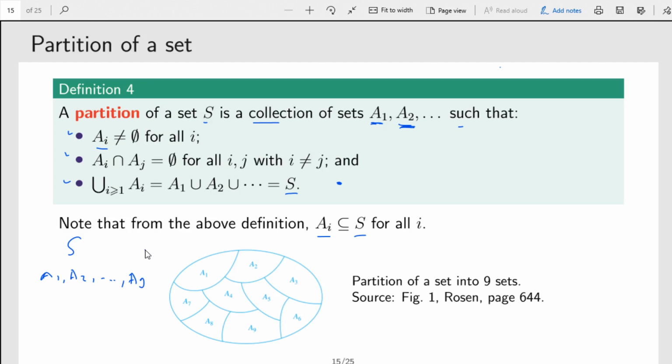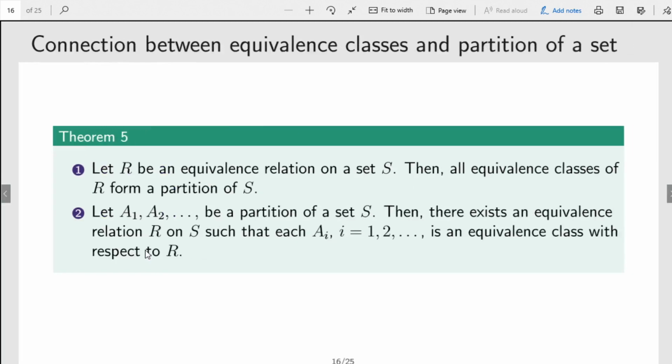Now let's move to the correspondence between this notion and equivalence classes. So we want to establish this theorem. If you have an equivalence relation R on a set S, then all equivalence classes of R would form a partition of S. That is one direction of the correspondence.